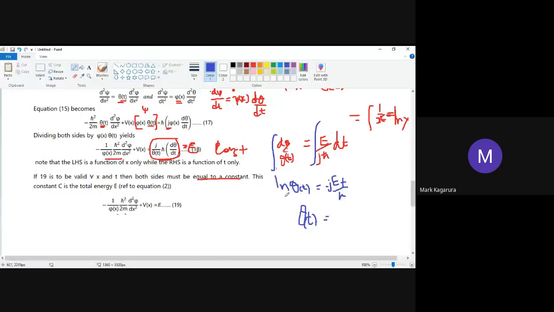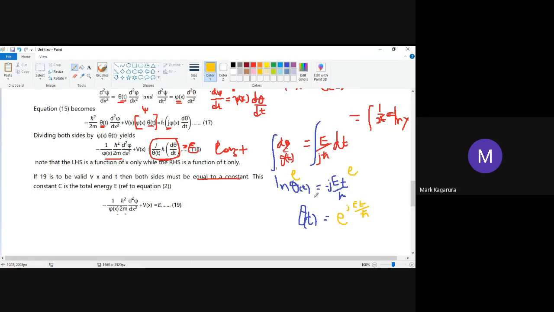So if we do exponent on this side and exponent on this side, we have theta t is equal to exponent of negative j E t over h bar.